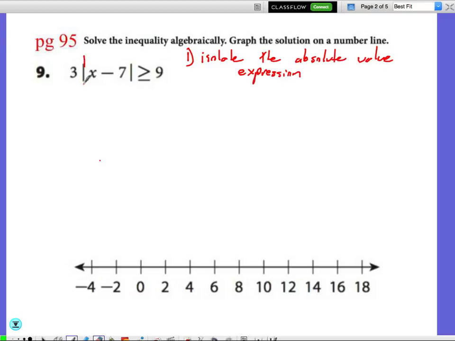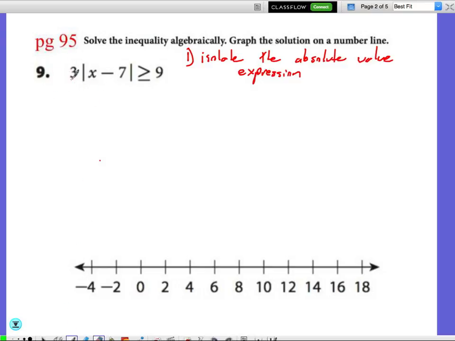So we want to take everything that is outside these vertical lines, which is this 3, and move it to the other side. That's what we want to do. So first step is the same.